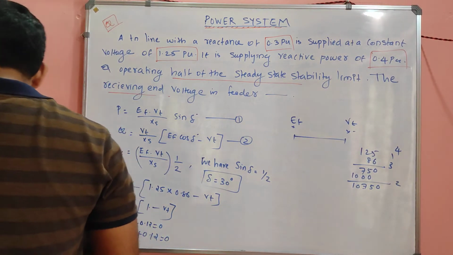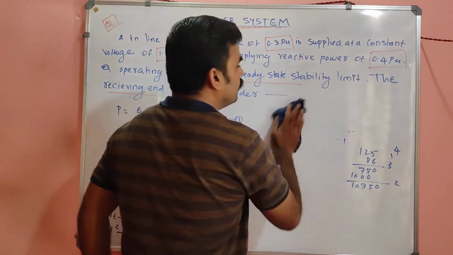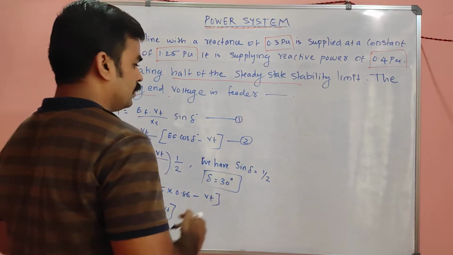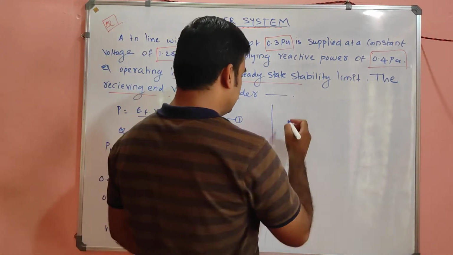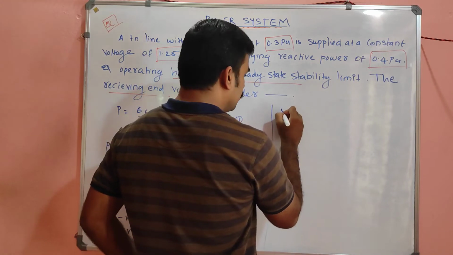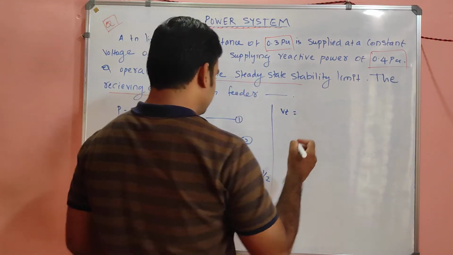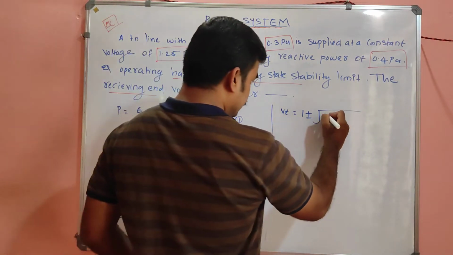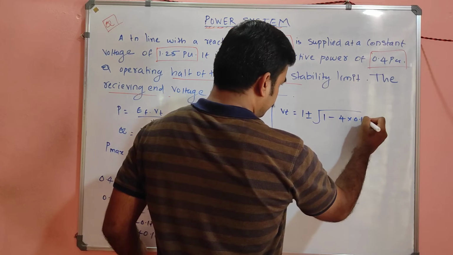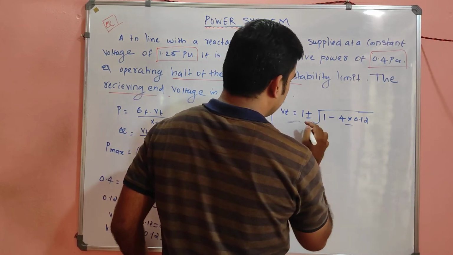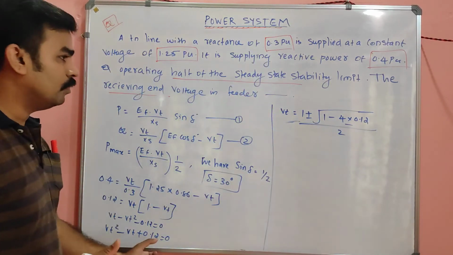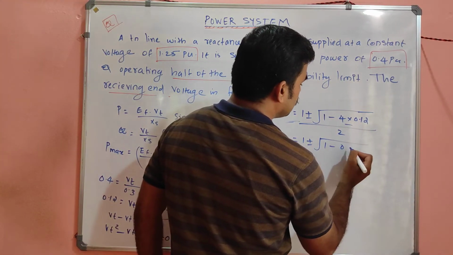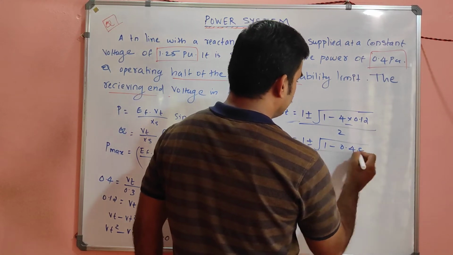If you solve it for VT, VT will be equal to minus B, which is plus 1, plus or minus root of B square minus 4AC. B square is 1, 4 into 0.12, whole divided by 2, am I right? So it will become 1 plus or minus root of 1 minus 0.48, divided by 2.